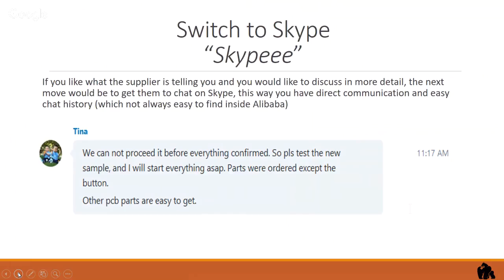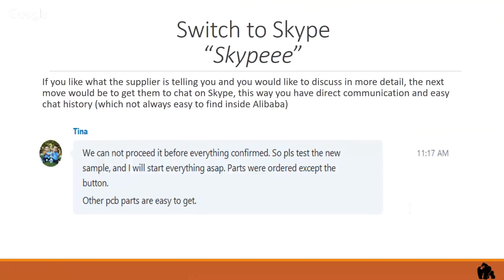So when to switch over to the good old Skypey, which is what they tend to call it for whatever reason. So switch to Skype. And there are other platforms that we can have a look at, and I've got a couple here. I know Rob uses a couple of different ones that I do as well, but let's talk about Skype to start with.